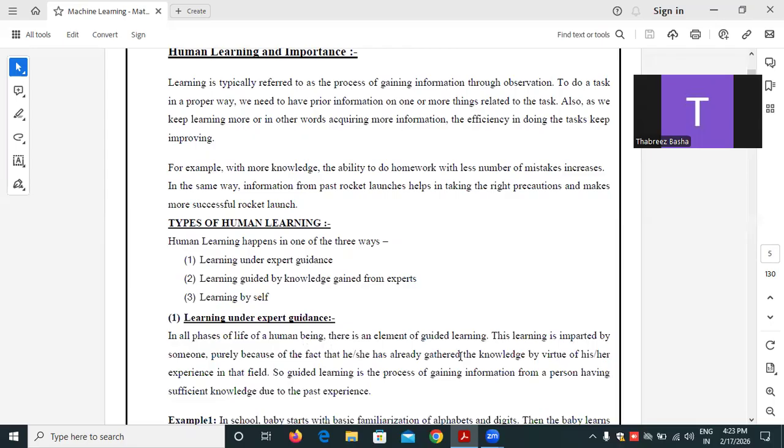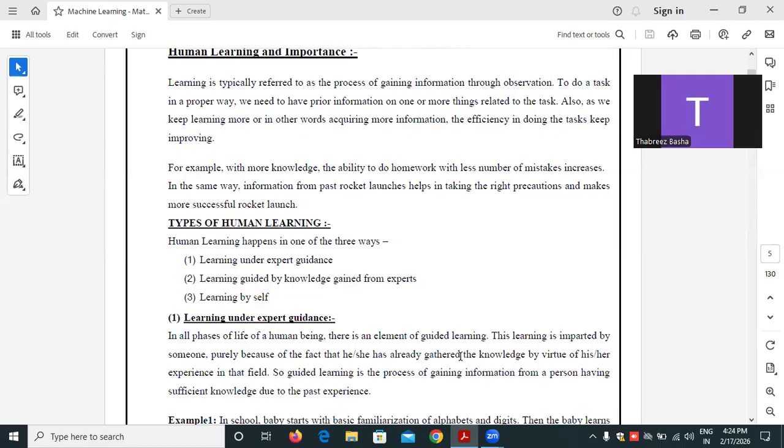We can take any concept learned from different sources, places, or persons, because guidance is taken from different persons, places, or things. In human life, there is an element of guided learning. This learning is imparted by someone purely because he or she has already gathered the knowledge and has experience in that field.